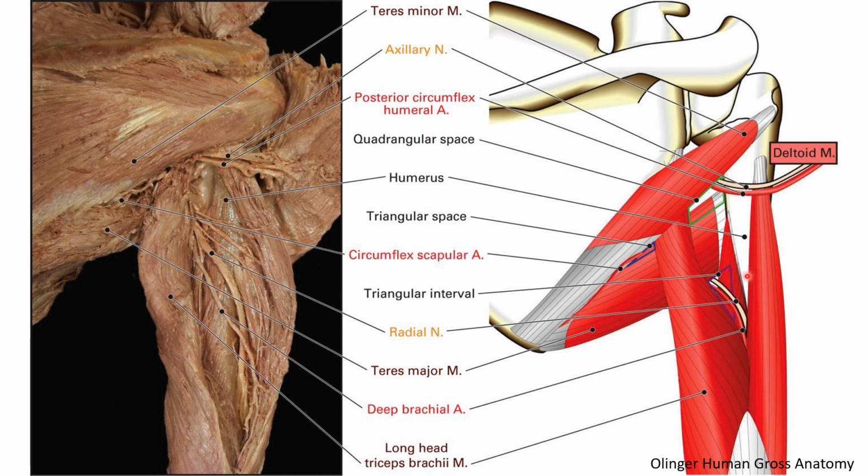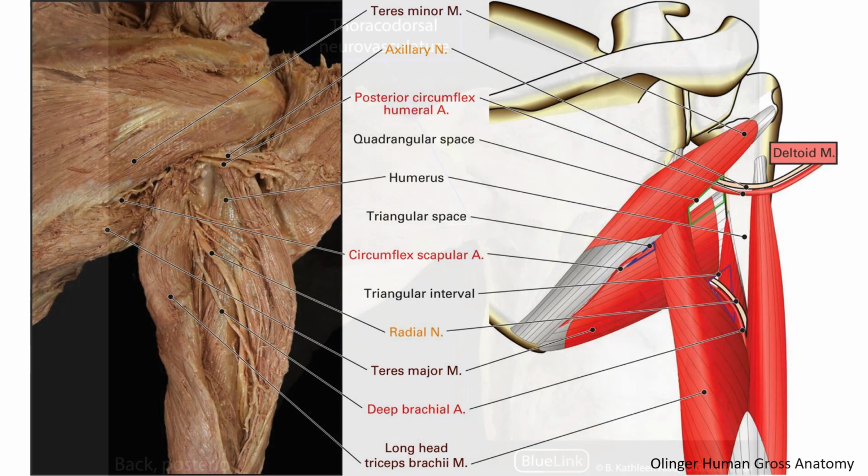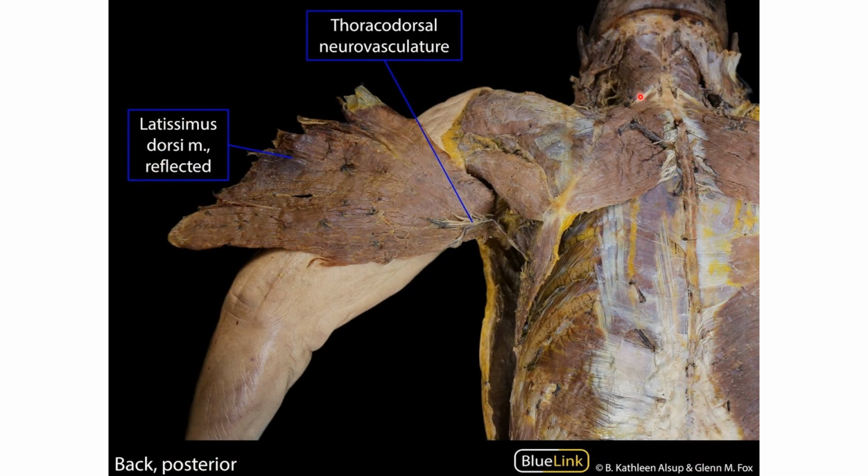Down here, this is the triangular interval. So this is seen between the heads of the triceps here, and you can see radial nerve and deep brachial artery. And this is a cadaver image here.